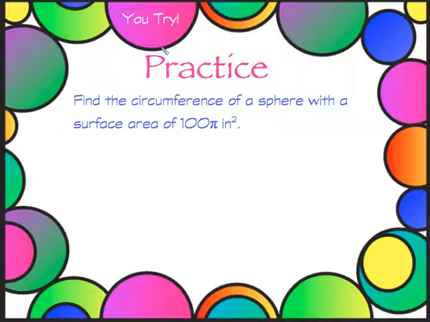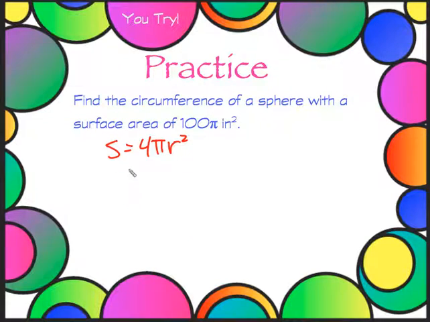All right, this is also a you try, so if you want to pause this, I'll work it out and you can check your answer. So find the circumference of a sphere with a surface area of 100 pi. So surface area is 4 pi r squared. And I know it's silly to you to write the formula every time, but it's always going to get you extra points. And it's hard to mess it up if you have the right formula written down.